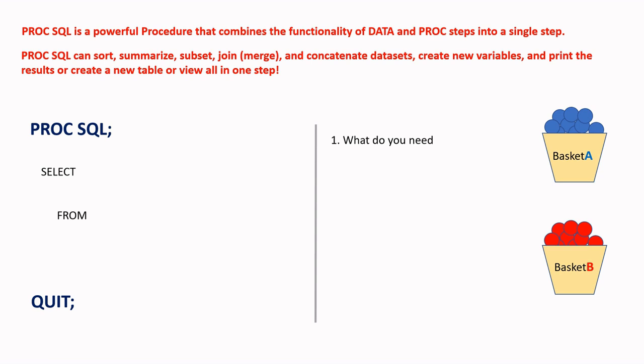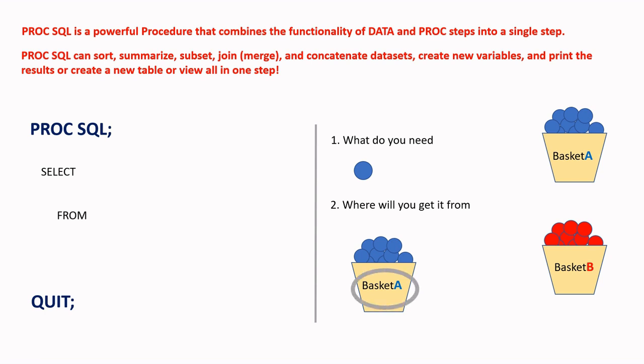You need a ball, which has already been decided. Now what type of ball do you need? Say you decide you need a blue ball. Then the second question comes: where will you get it from? By looking at the picture, you can say you can get it from basket A.